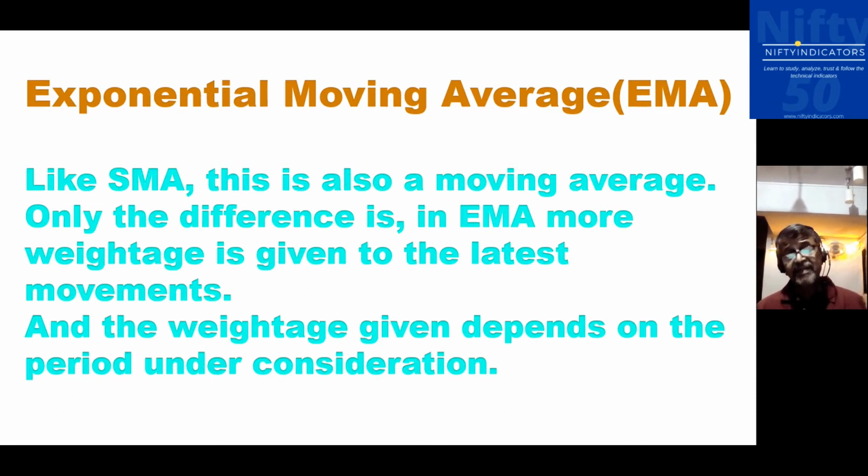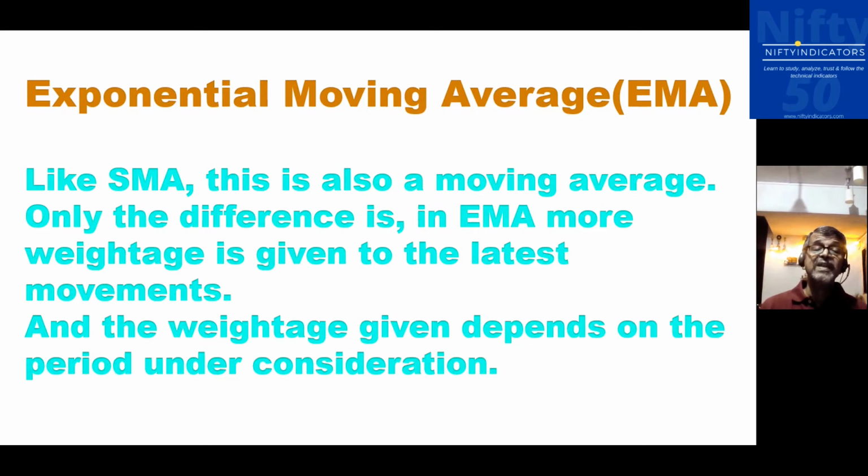Whereas if over the last 9 days it has closed at 10, and today it has closed at 100, then what happens? If we take the simple average, 10 into 9 is equal to 90, plus today's 100, 190, divided by 10, it is 19.